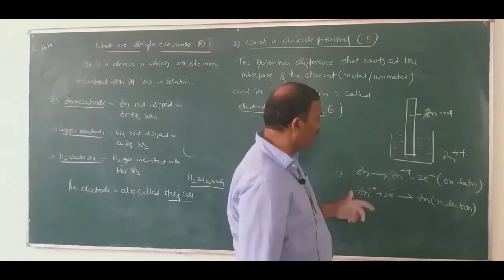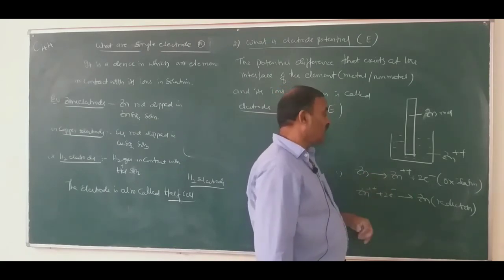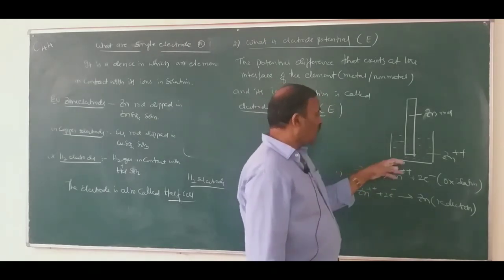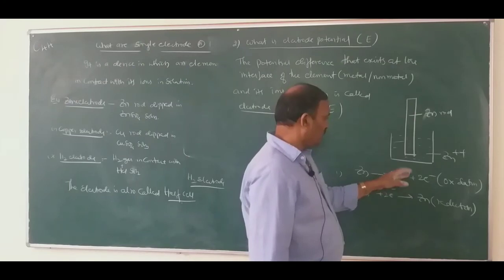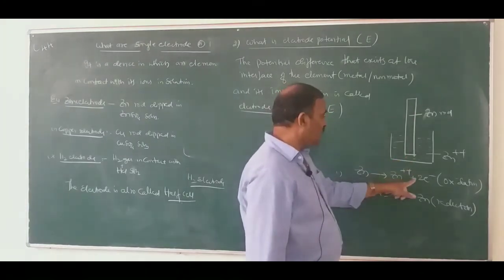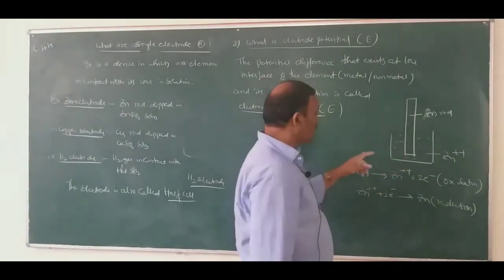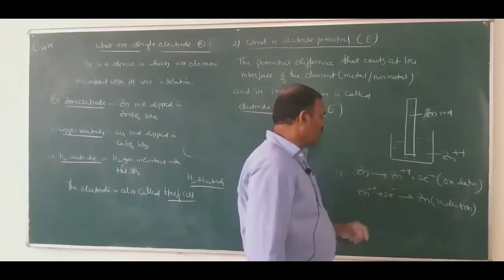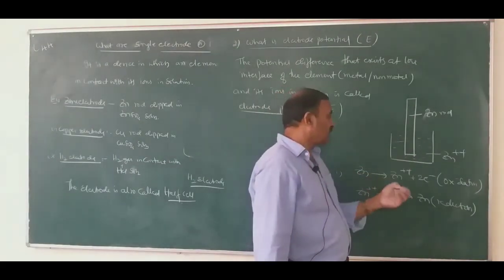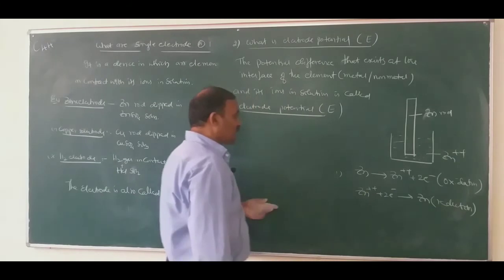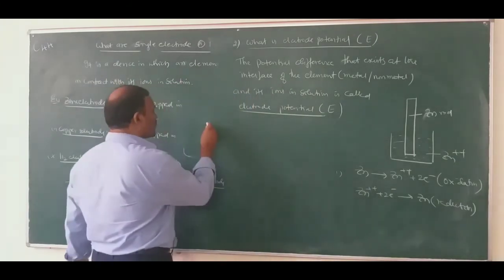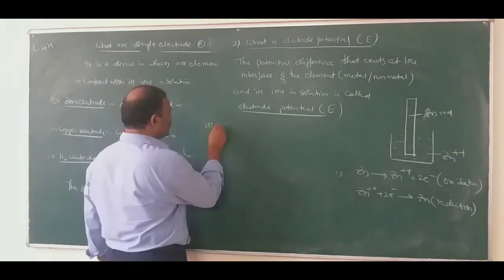So depending upon which reaction is favorable, it is called oxidation or reduction. If oxidation is favorable, the electrode potential is called oxidation electrode potential. If reduction takes place at the electrode, it is called reduction electrode potential.